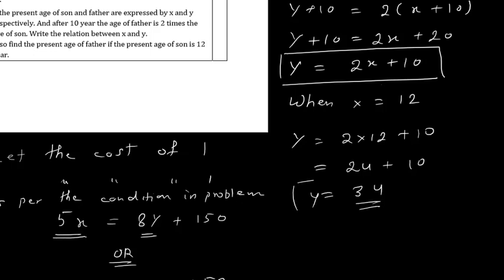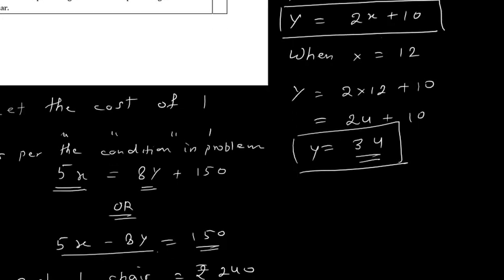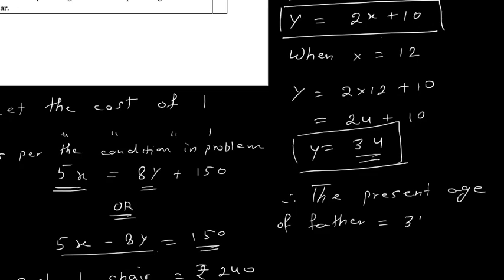So the value of y is 34. That means the present age of father is 34 years.